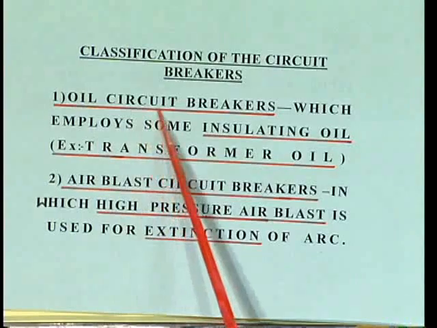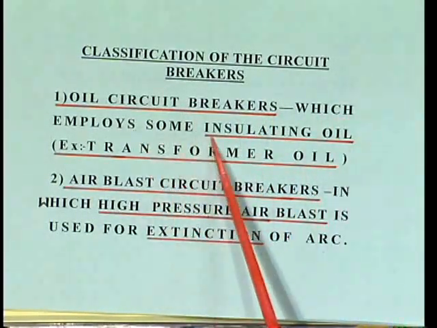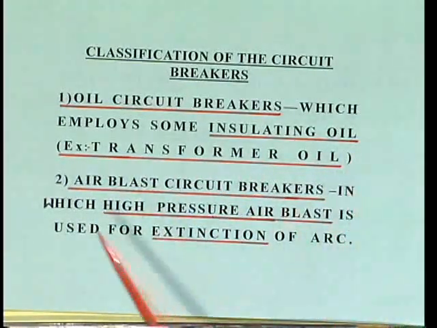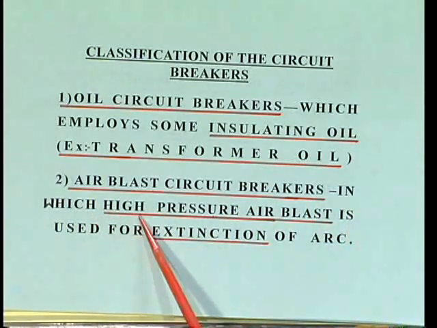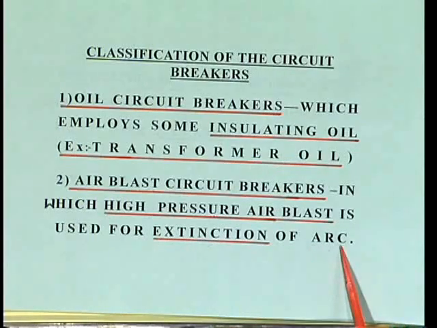First one is oil circuit breakers, which employ insulating oil, for example transformer oil. Second one is air blast circuit breakers, in which high pressure air blast is used for extinction of the arc.